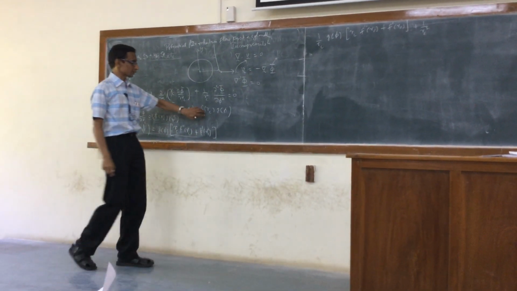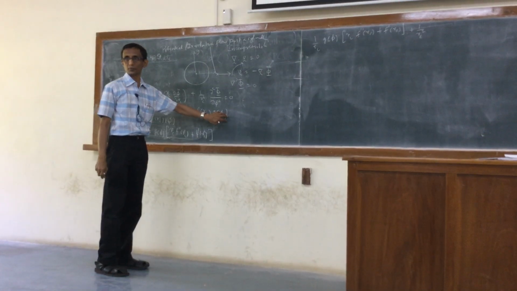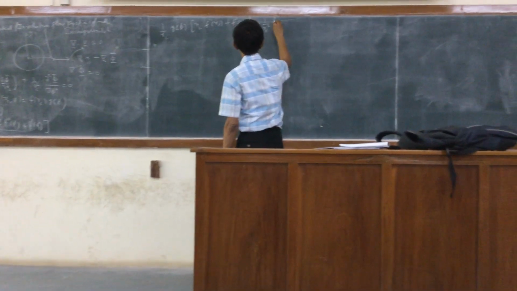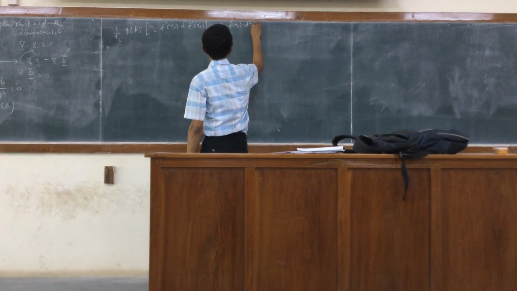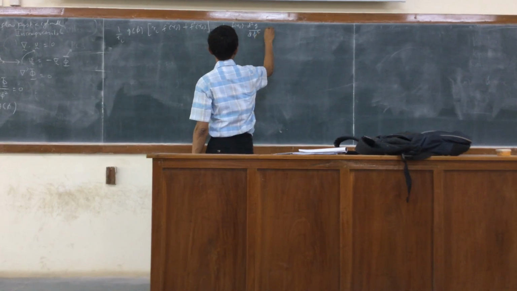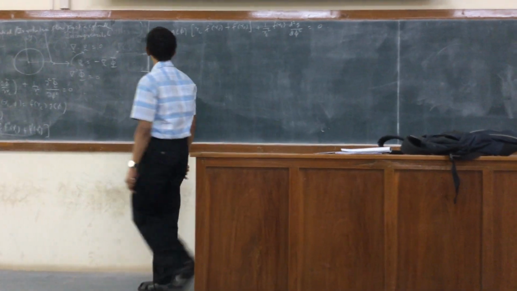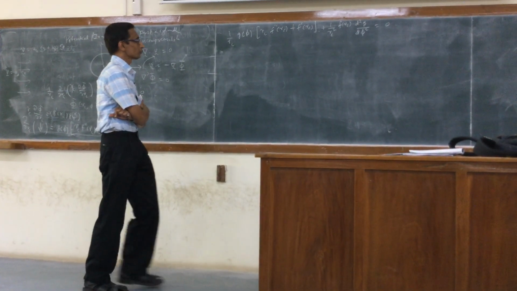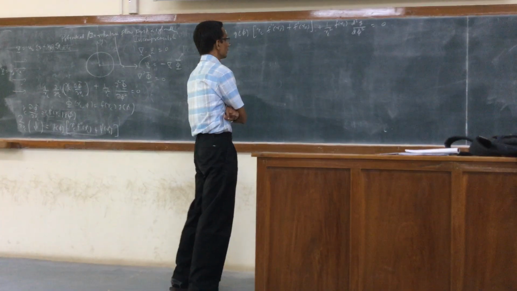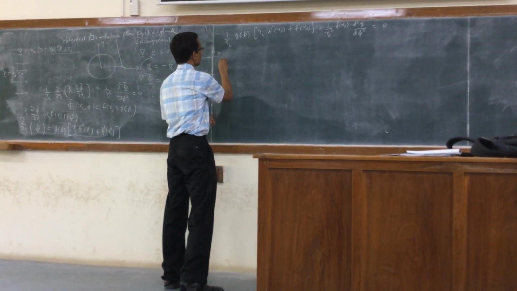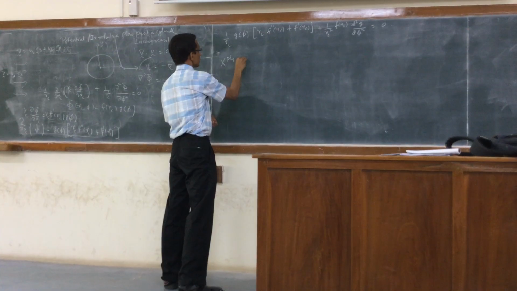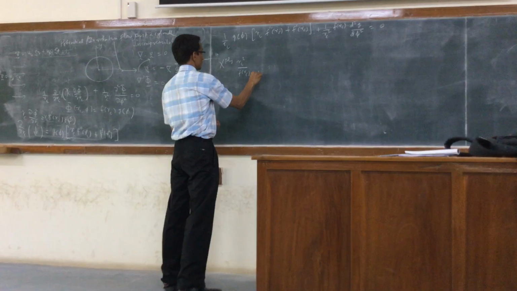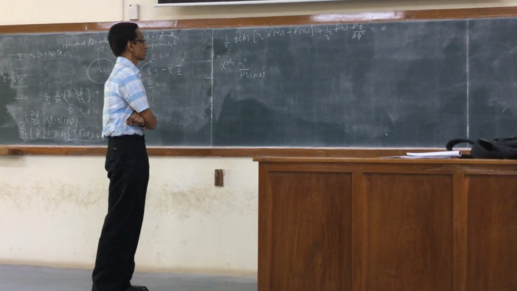That would be f of rc times d squared g by d phi squared. I just write it explicitly: the whole expression equals 0. We should be able to separate this. I multiply by rc squared and divide by f of rc and g of phi.